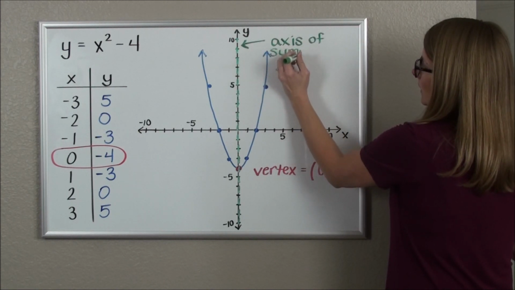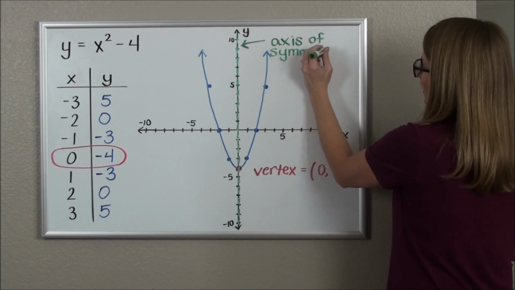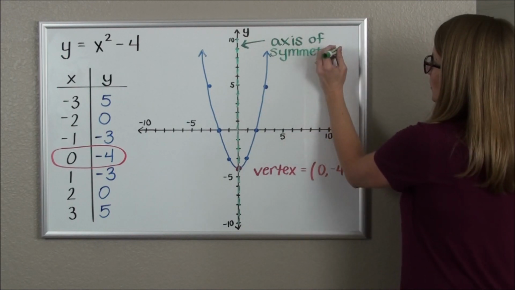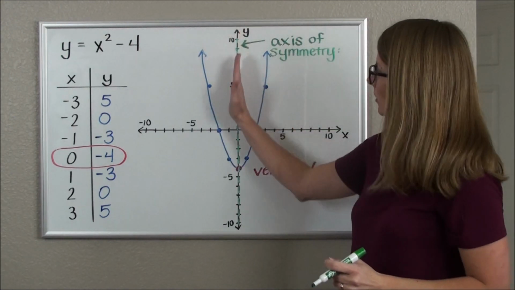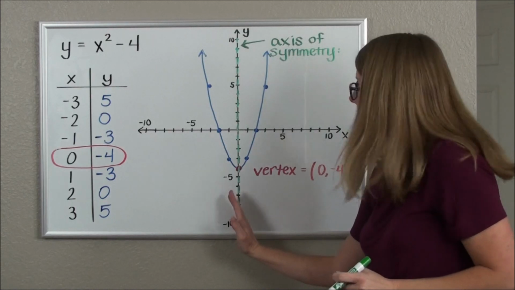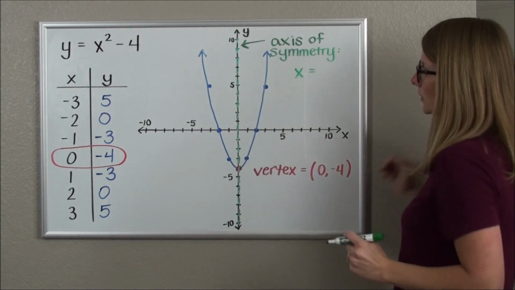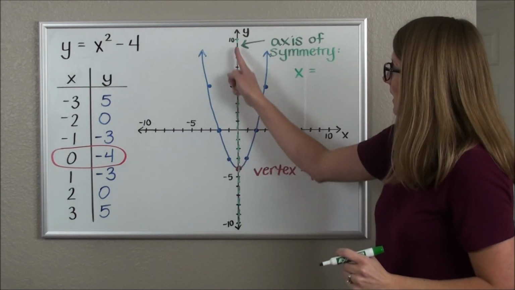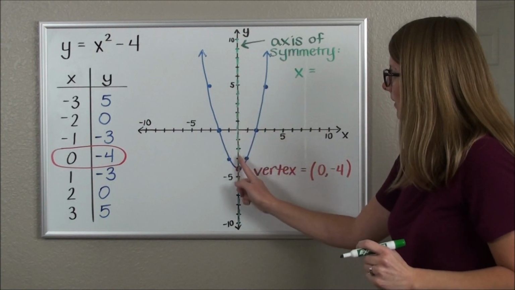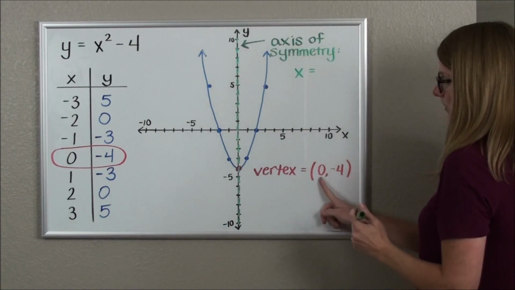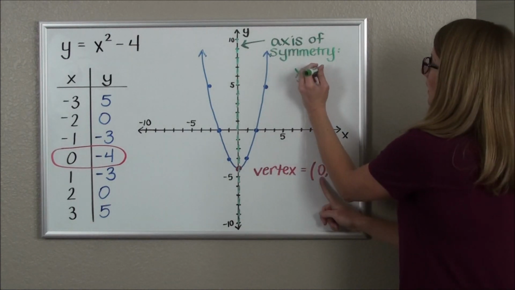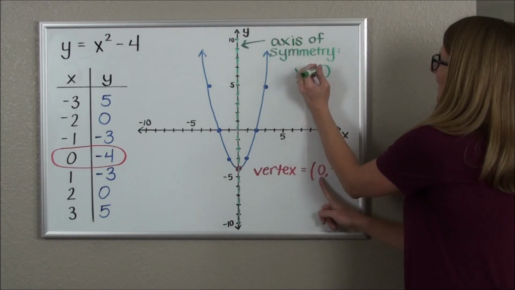It's essentially your mirror. Your axis of symmetry is always going to be some vertical line that cuts through the vertex, and a vertical line is described using an x equals. And at the vertex, the x values all along this line here, all the x values are the same as the x value in the vertex, which is 0.